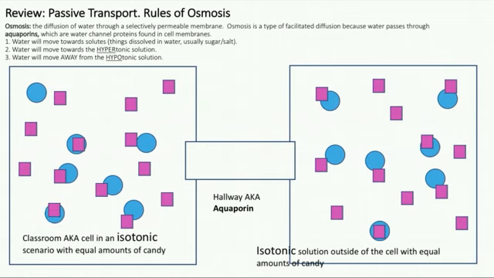So there's going to be equal distribution of water moving back and forth, okay? So an isotonic solution, neither my classroom, the cell, or outside is going to expand or shrink. Water molecules are just simply going to go back and forth in a net movement of zero. Okay, so if one goes over here, one's going to come back.